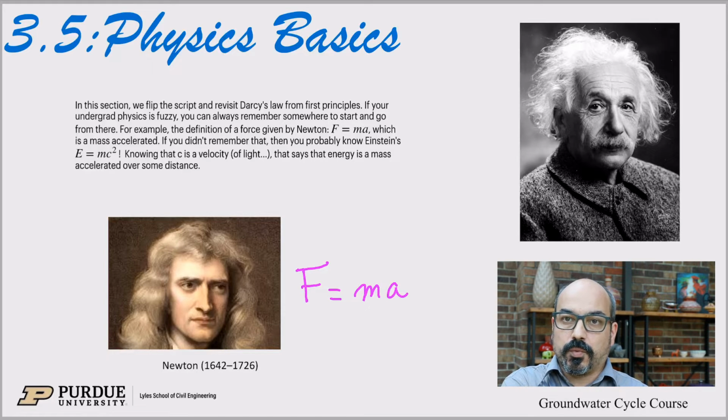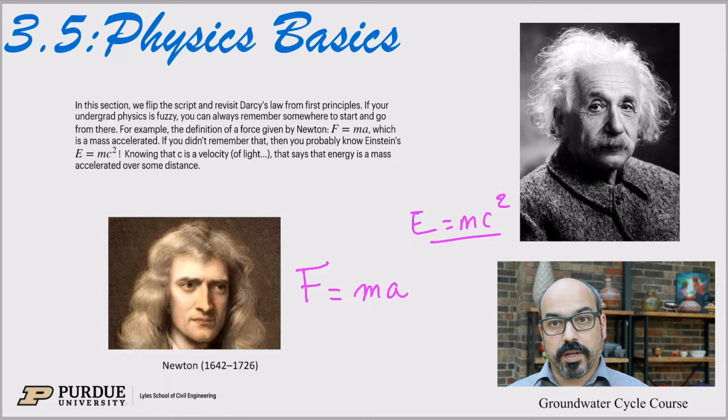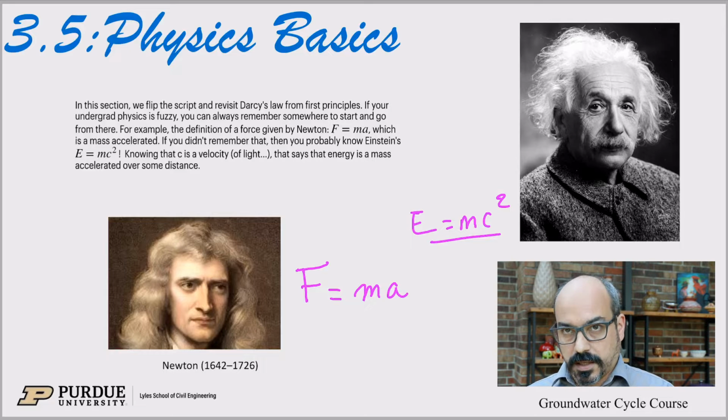If somehow you don't remember that, remembering Einstein is always a good way to go. So Einstein said that energy is mass times the speed of light squared, right? mc squared. So if you remember one of those two things and a couple more definitions of physics quantities, then chances are you can go through the following slides and derivation.